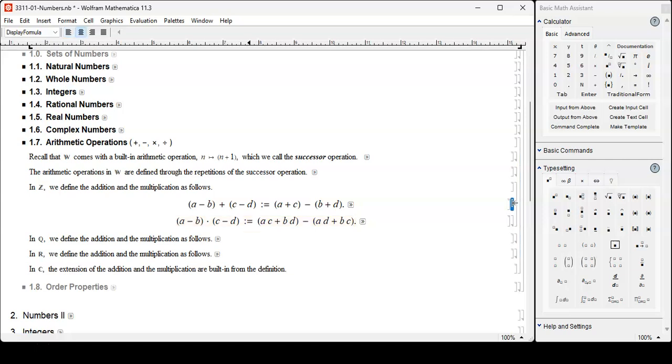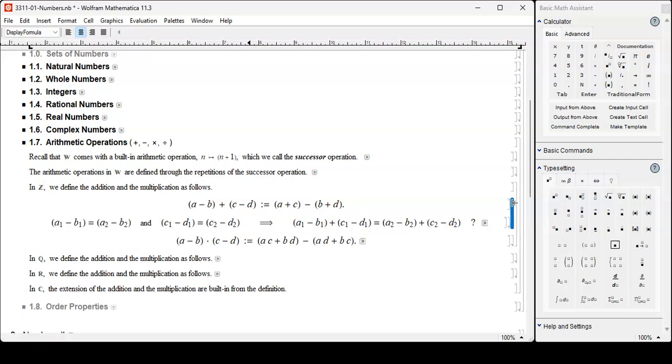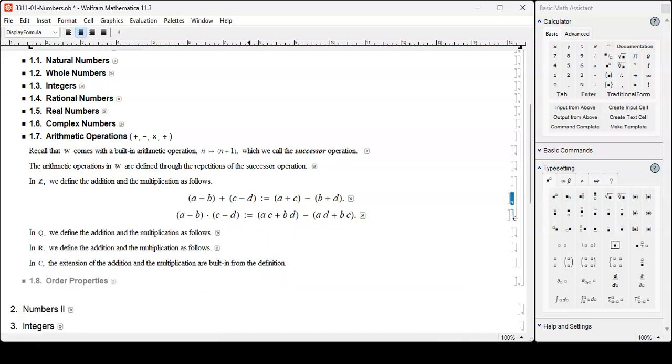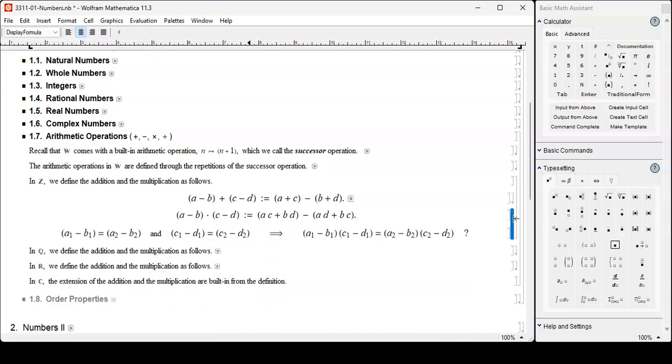There are a couple of questions here. Is this well defined? In other words, if I use different representatives, do I get different results, or are they always the same? As a matter of fact, we have to prove that. The proof is elementary but extremely tedious. I just wrote down the simplest version, but here, oh, it's this long. And this one, I didn't bother.